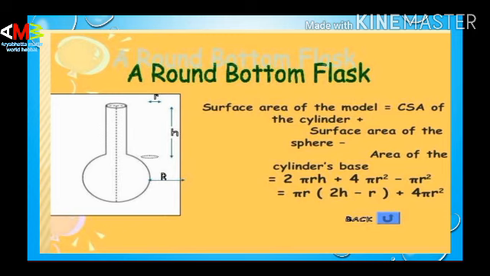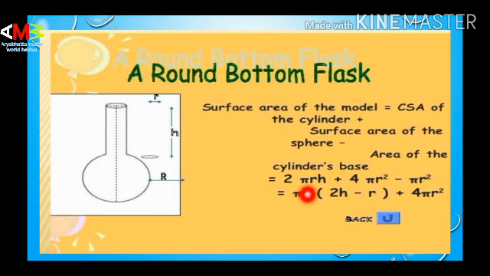A round bottom flask. A round bottom flask is a sphere connected with a cylinder. Surface area of this model is CSA of cylinder plus surface area of the sphere minus area of the base. Area of the base means here 2 bases will come, sphere and cylinder, so you have to remember.